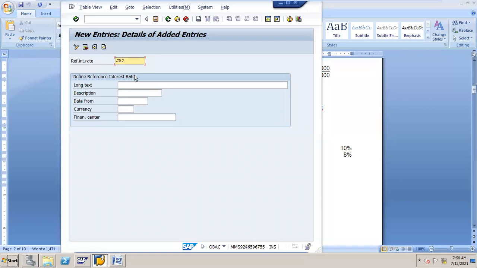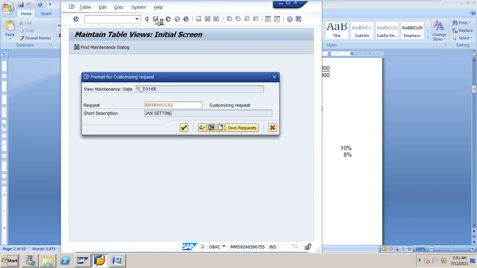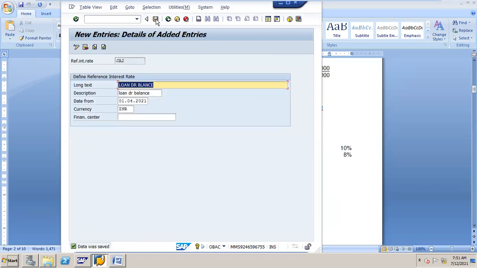JA2. This I am going to tell the system: loan debit balance. Okay. So here I just created JA1, JA2. First save it. I just created two indicators, JA1 and JA2.